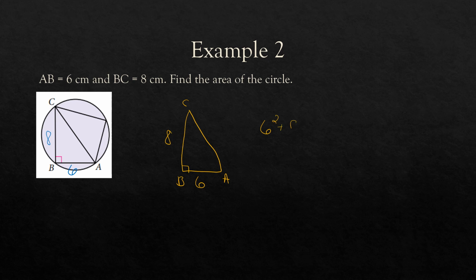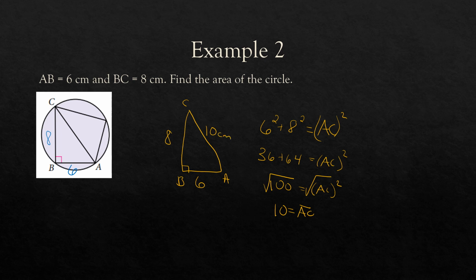6 squared plus 8 squared equals AC squared. 36 plus 64 is 100. To find AC by itself, I'm going to take the square root. So AC is 10 centimeters.